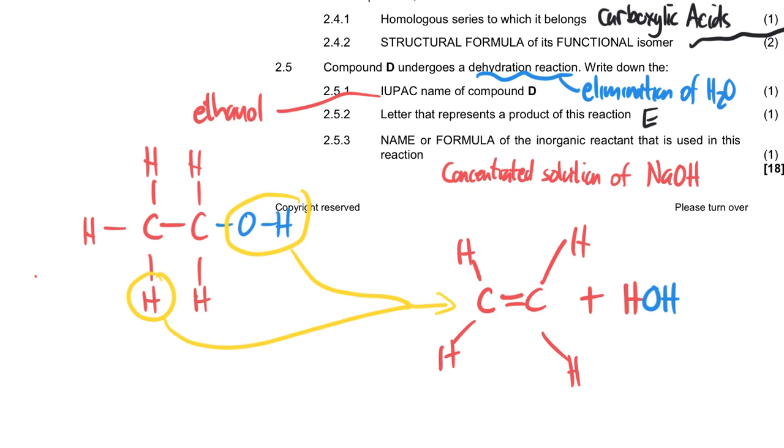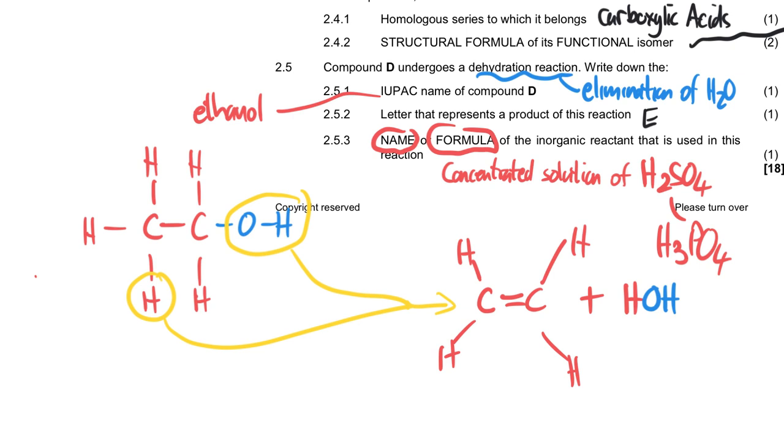So this would be a concentrated solution of sulfuric acid, because sulfuric acid is a dehydrator. One can also use a concentrated solution of phosphoric acid, and that would have a formula of H3PO4. So they've asked us to give the name or the formula of the inorganic reactant that is used in this reaction.